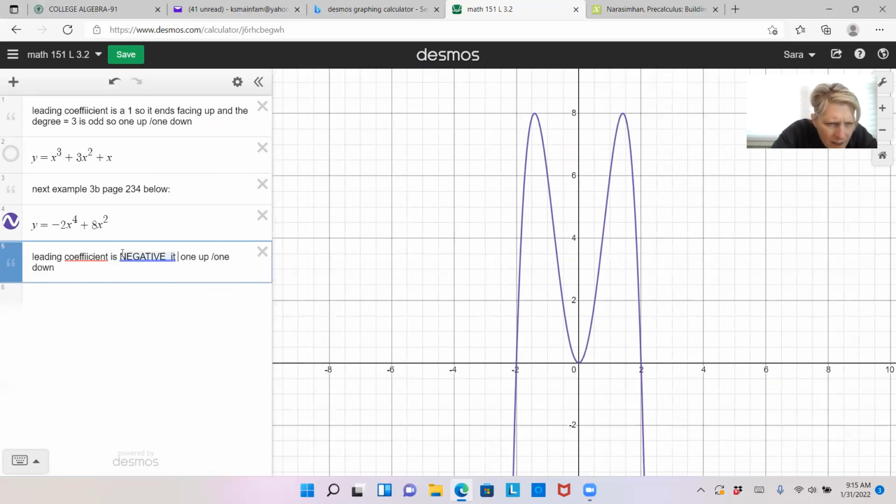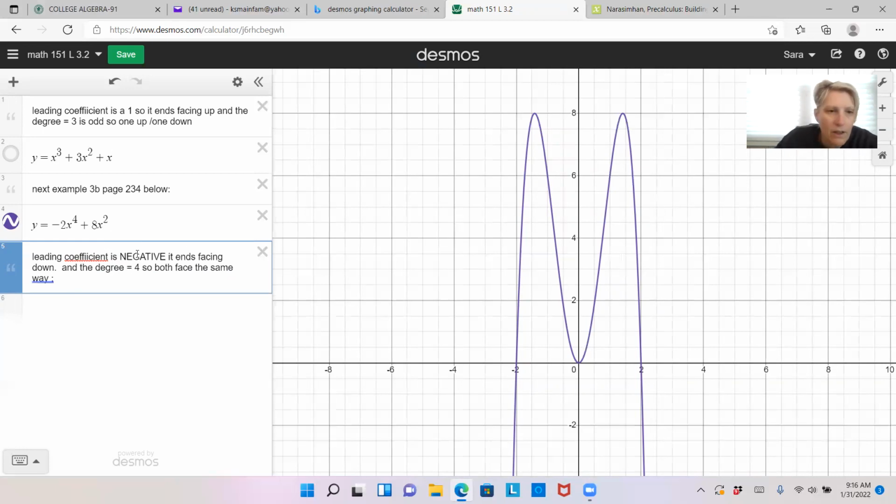It ends facing down. And the degree is 4, the leading degree. So both ends face the same way. That's the key. Now I'm going to add something new here, which I think is super cool.